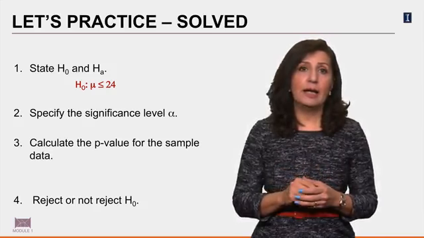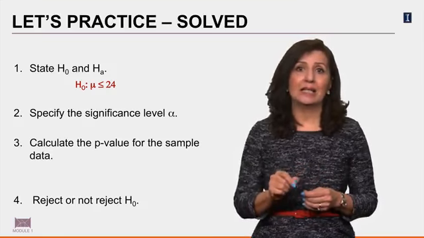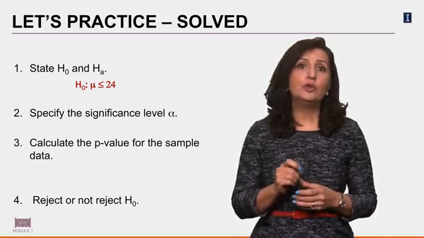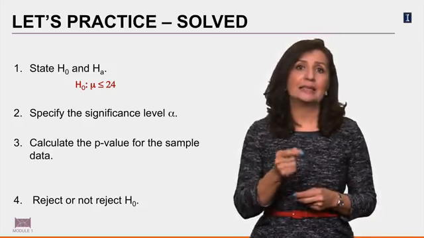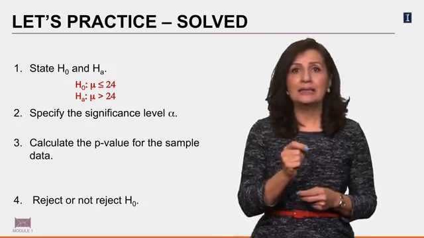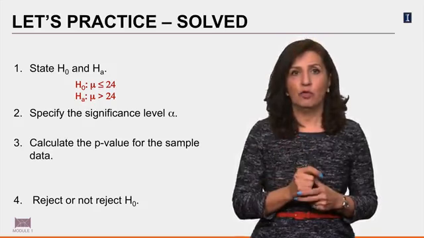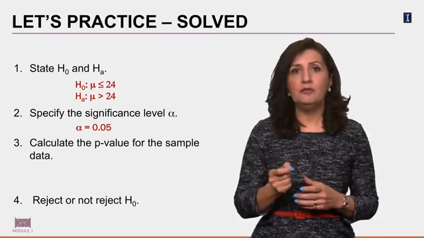That means the correct representation is mu is greater than 24. And since the equal sign needs to be in the null hypothesis, we will put this as the alternate. And the null becomes mu is less than or equal to 24. The specified level of significance is 0.05.